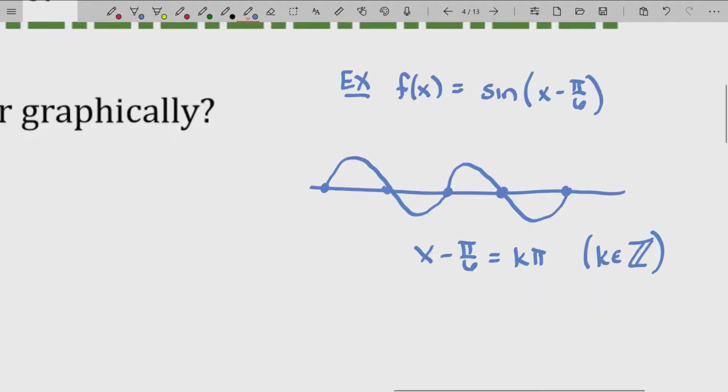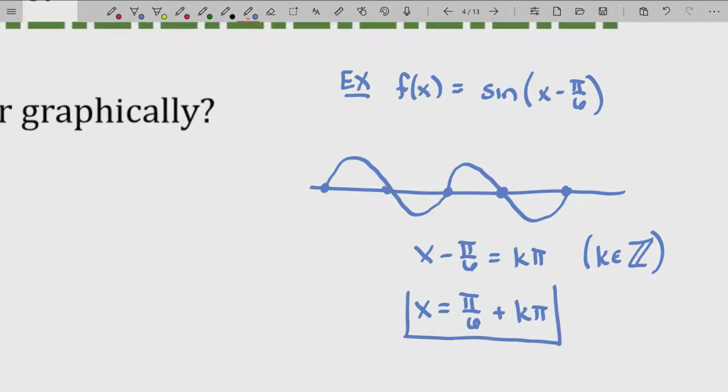Solving that, you would get that x has to be pi over 6 plus k pi. And so those are all the values of x that you could plug into sine of x minus pi over 6 that would force it to become 0. So that's the whole idea of what a 0 is. It's what you would plug in to force the function to become 0 as an output.